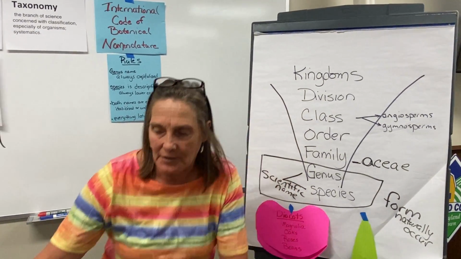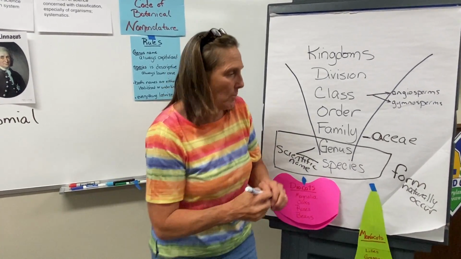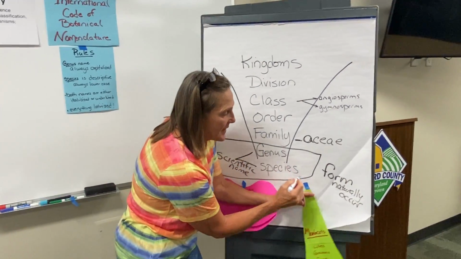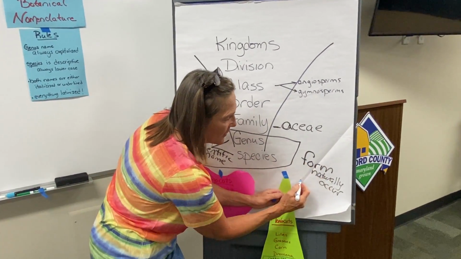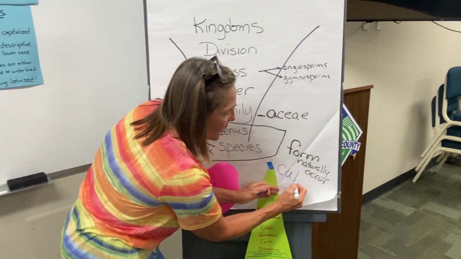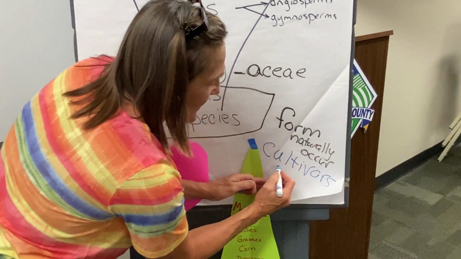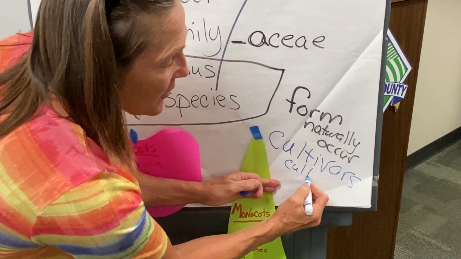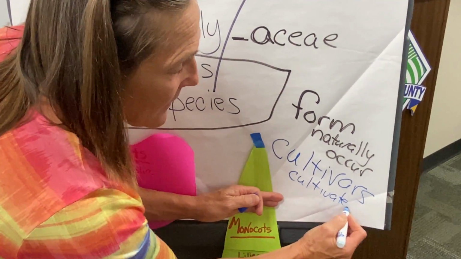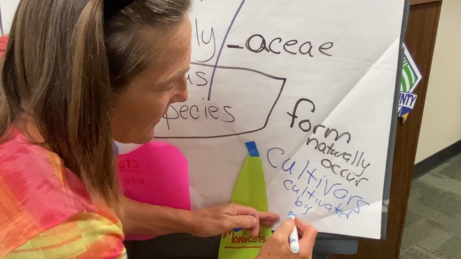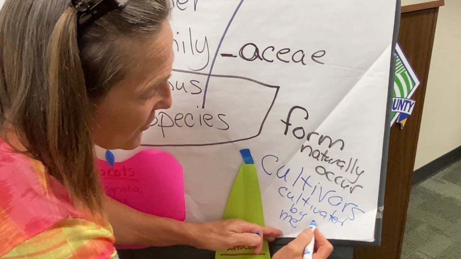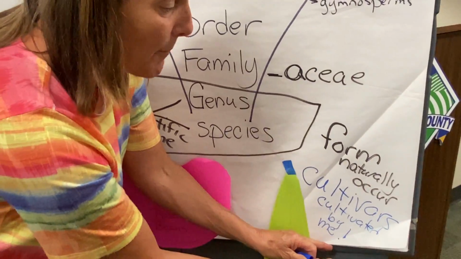He cultivated it, and he called her Jingle Bells. So that's another name that sometimes is given. We call these cultivars. And that means it's cultivated by a human. By me. I'm just going to say me. But that means by a person.